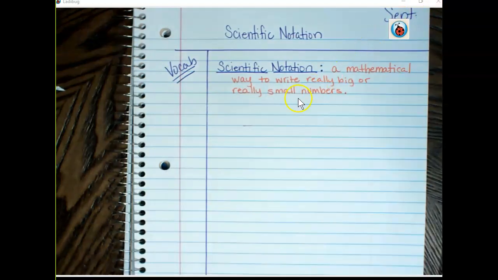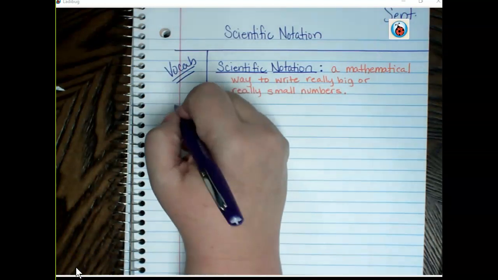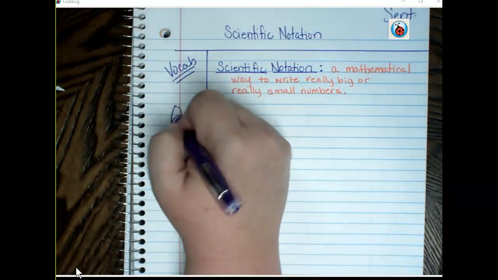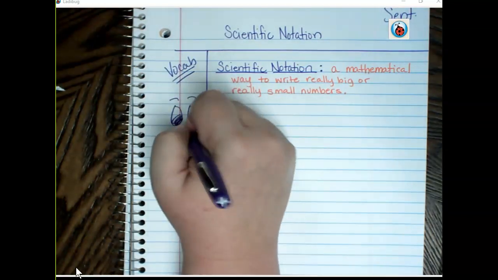So it's a way that we can write numbers that are really big or really small a little bit easier than writing out a big, long number if it's really big, or a big, long decimal if it's a really small number. Well, what does scientific notation look like? How do you know if something is in scientific notation?